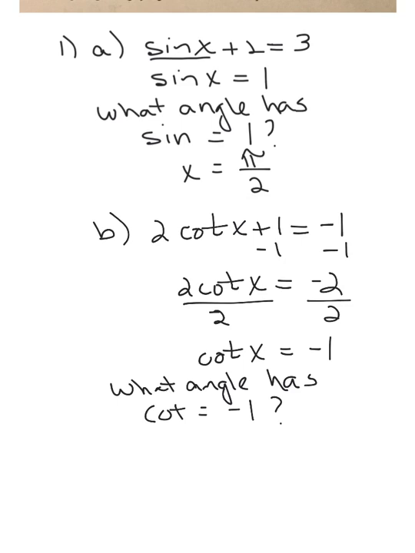And the place where cotangent, where you put the x over the y and get 1, happens at the pi over 4s in those two quadrants. So the angle that we are looking for, x, is 3 pi over 4 from quadrant 2, and 7 pi over 4 from quadrant 4.